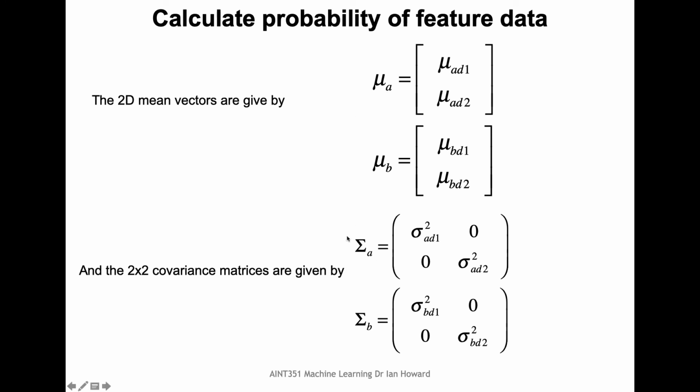Our covariance matrix for class A is going to be the variance for feature 1, a 0 covariance term here, a 0 covariance term here, and another variance term for feature 2 here. And the same thing basically for the covariance matrix for class B. Again, we've only got variance terms in this matrix, and the covariance terms are set to 0. Right? That is the naive Bayes assumption. We assume covariance is 0.